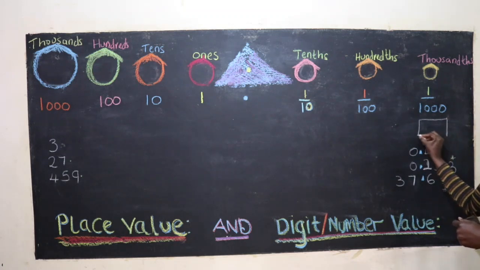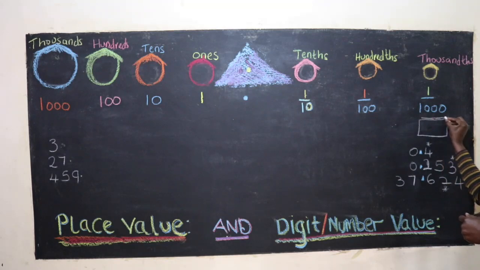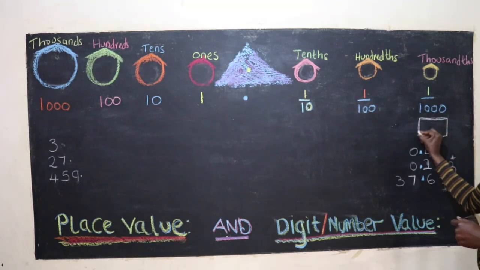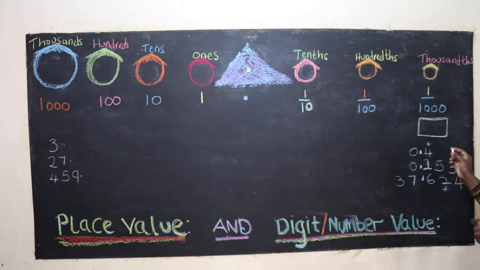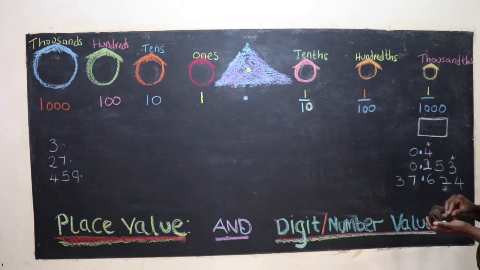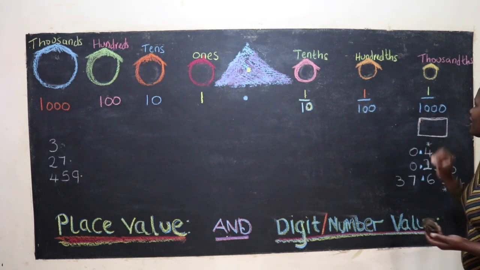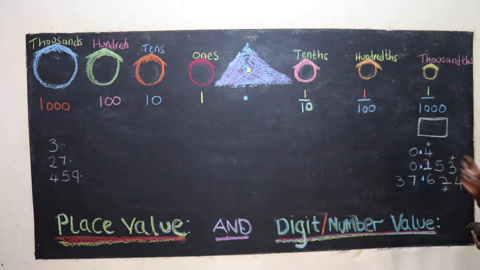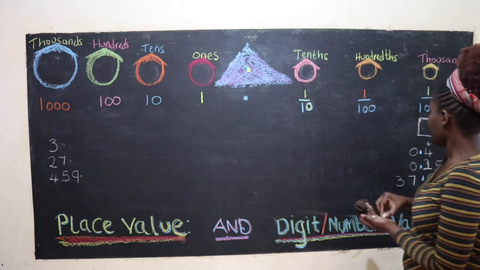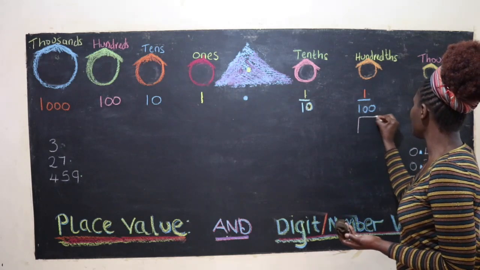If we could visualize this, let me make a rectangle here. Perhaps it's a cake or anything. Then I am supposed to share this into 1,000 tiny little equal pieces. I am sure one tiny little piece might be so very tiny. Could be perhaps that size. Are you able to see it? Maybe not. Very tiny. Then I have the same size here.